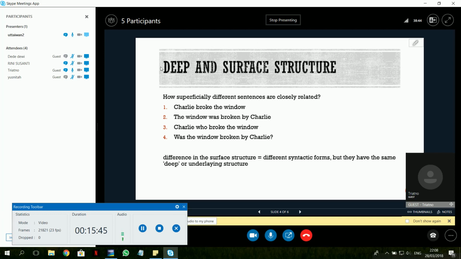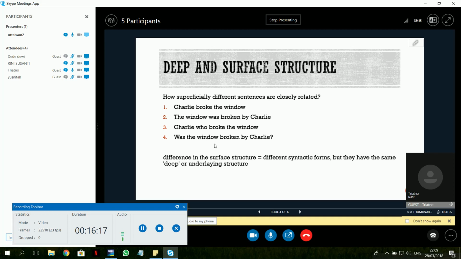So do you see? There are two terms, deep and surface structure. When we mention the word deep structure, it means the exact meaning. What the speaker meant? Actually, what does the speaker mean? And when we mention the term surface, it means the form of the sentence.